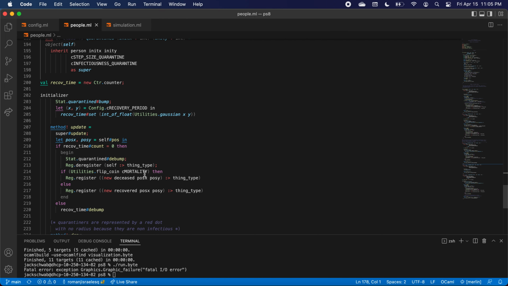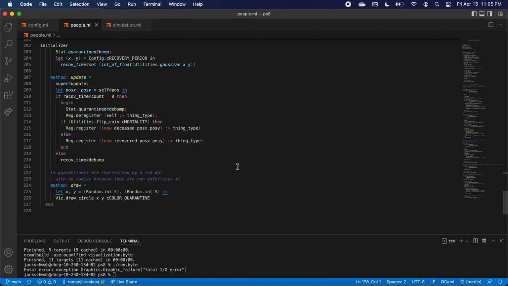Next up, we initialized the quarantine person, and we overwrote the update method to act as so. Pretty simple. There is a chance they can die in quarantine. There is a very real chance they can die in quarantine. It is a sad reality. However, if they don't die and they make it out, they're recovered and they go back out into the real world.